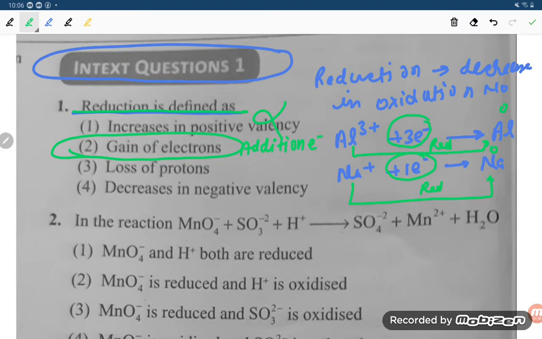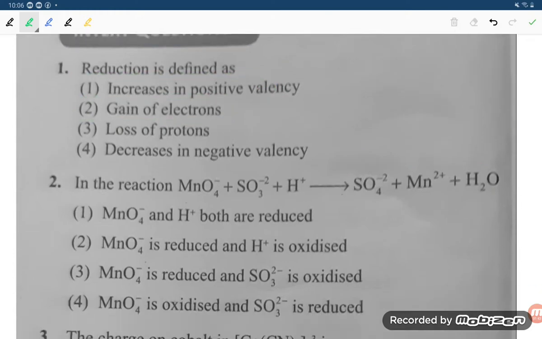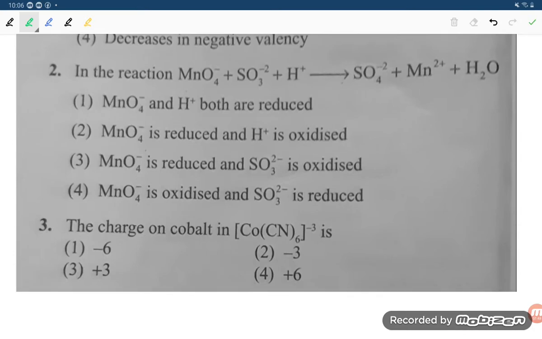Now let us move on to question number 2, students, and try to understand what the question is. They are saying in the reaction MnO4 minus plus SO3 2 minus plus H plus, it is giving SO4 2 minus plus Mn2 plus plus H2O, we have to explain what is happening in this process.